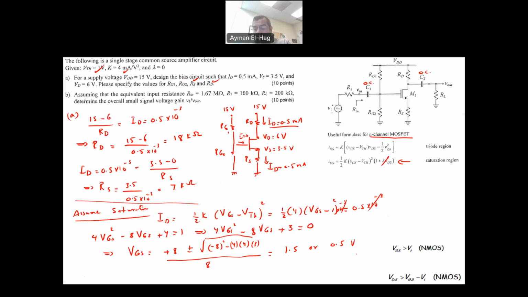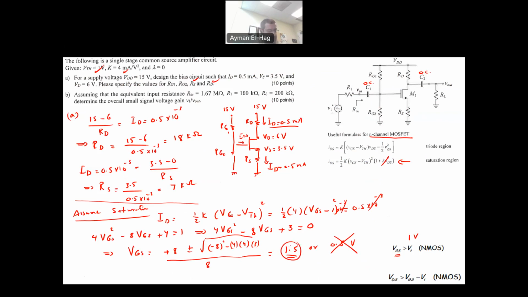Now, for saturation, VDS has to be more than VGS minus VT, and VGS has to be more than VT. This condition is common between the triode region and the saturation region, so 0.5 is excluded because we know VT is equal to 1 volt.